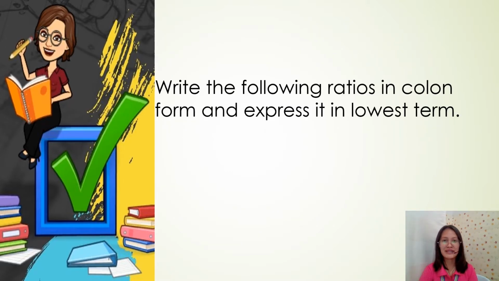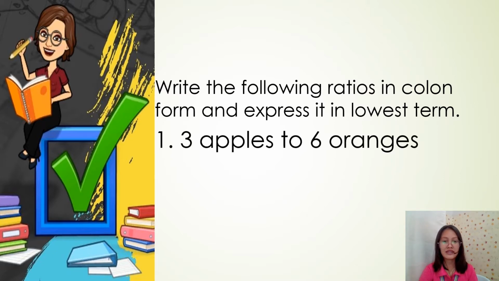Let's have some examples. Write the following ratios in colon form and express it in lowest term. Let's say we have 3 apples to 6 oranges. First, you have to write the actual ratio of the given set of numbers. 3 is to 6. After getting the actual ratio, find the GCF or the greatest common factor.